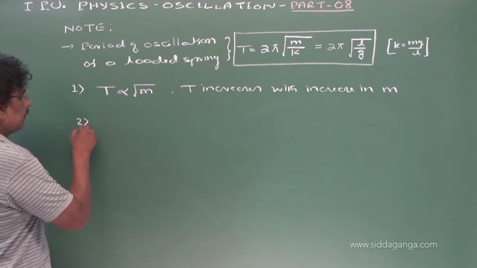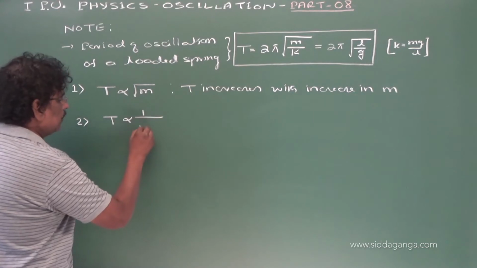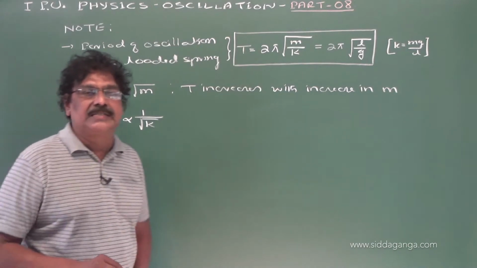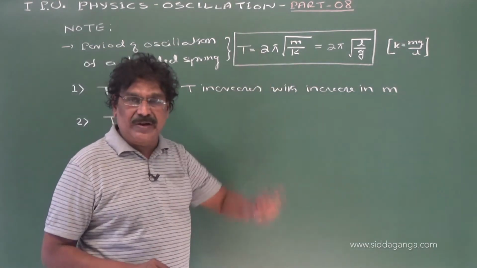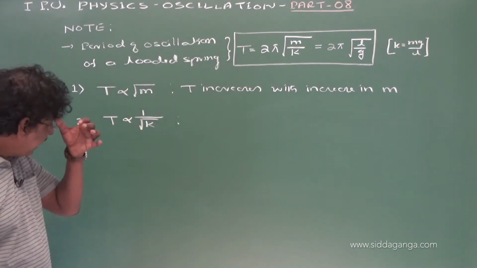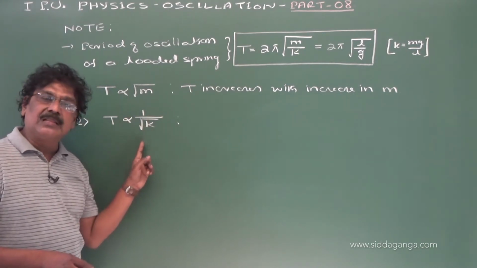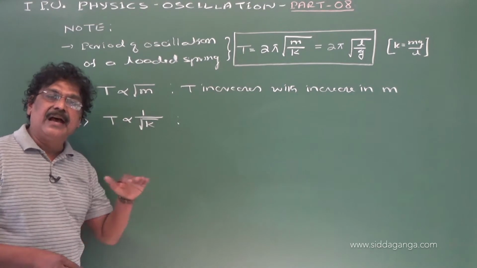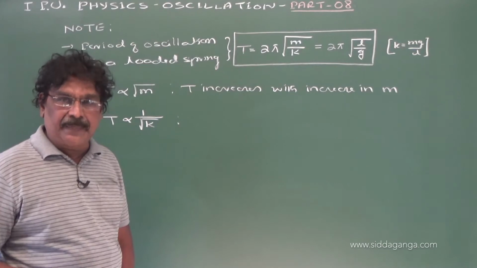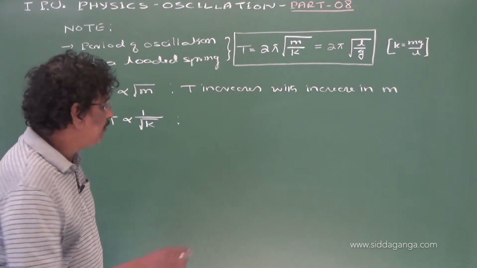Now the second one: T is inversely proportional to square root of force constant from this equation, since 2 pi is constant. That means higher the value of k, smaller is the time period. Smaller the value of k, higher is the time period. So for a stronger spring, time period is less. For a weaker spring, time period is more.